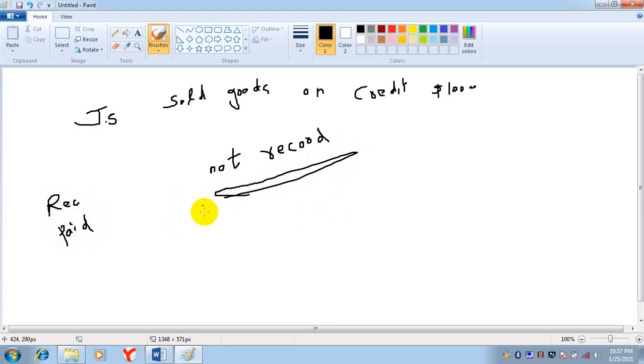If you purchase goods, suppose instead of sale, you purchase goods on credit, you didn't make payment, so you will not record this transaction. A transaction will be recorded only when cash is received or cash is paid. This is called cash basis of accounting.